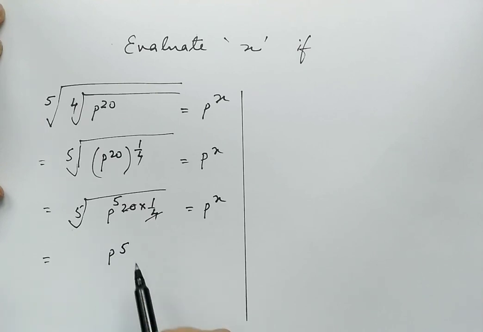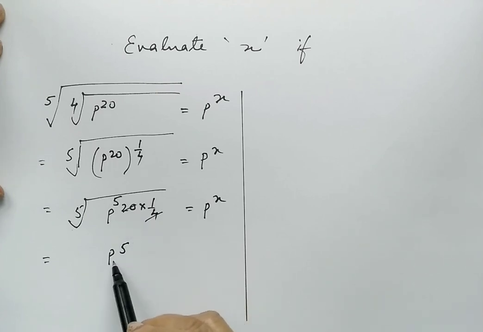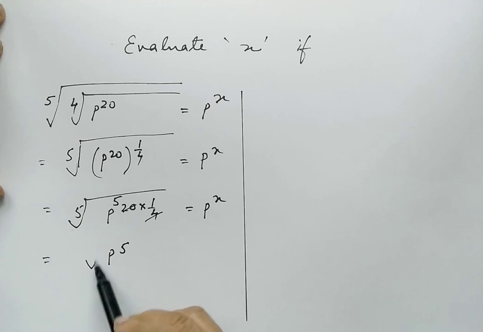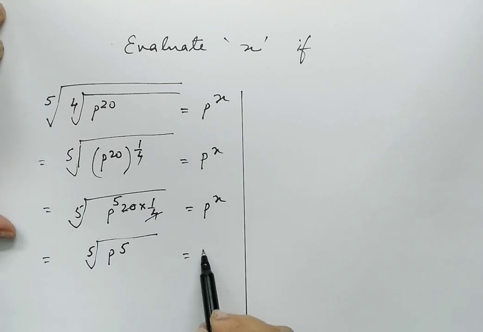We get here, as a result of this cancellation, p to the power 5, and we have 5 here already, correct?